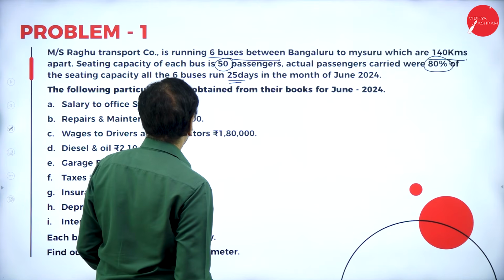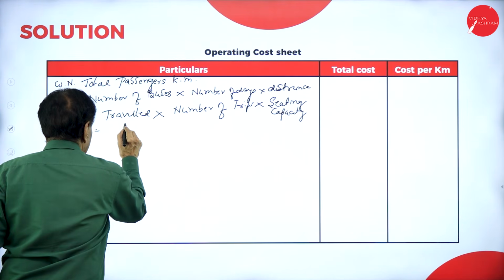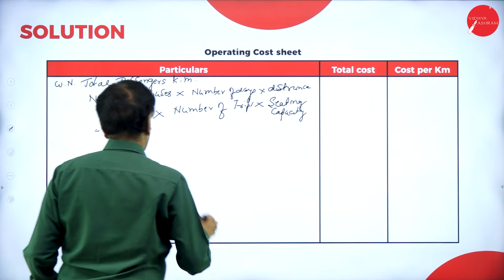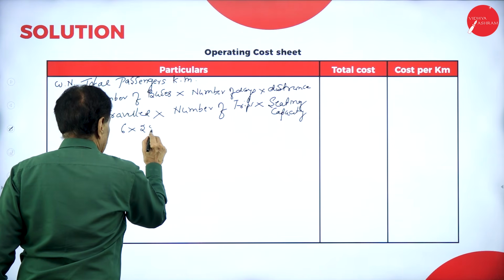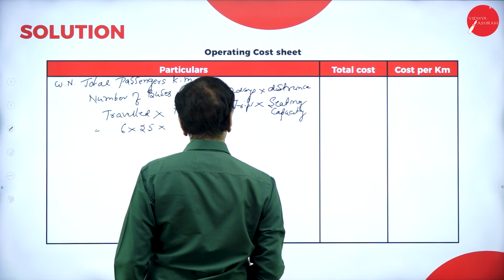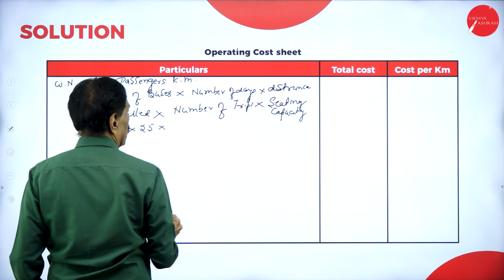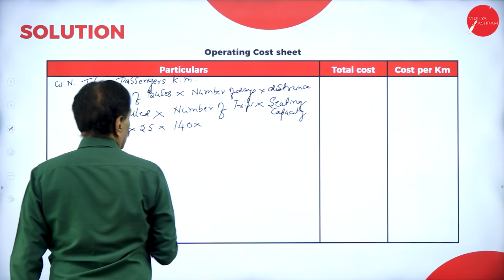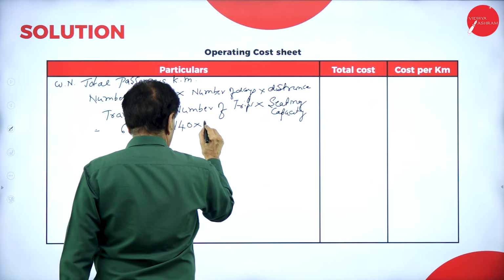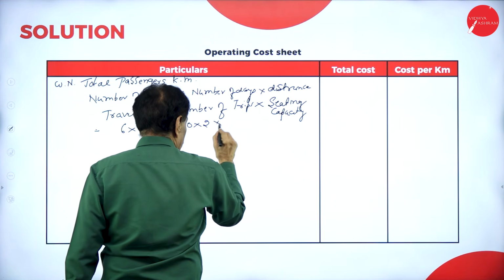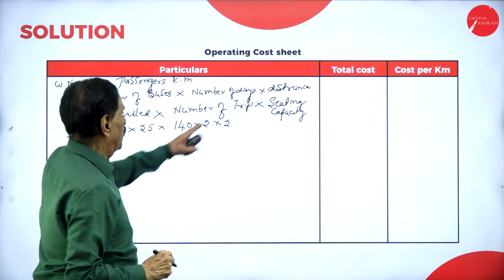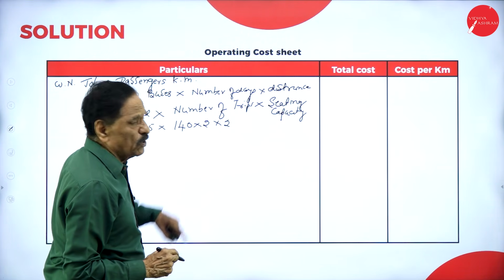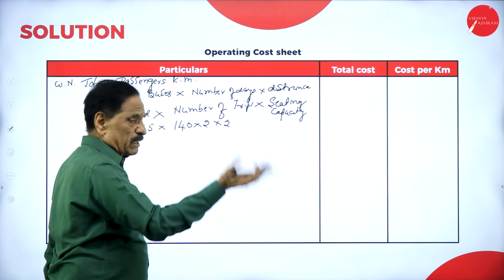How many buses are there? 6 buses. Number of days, 25 days. Distance traveled, 140 kilometers into 2 trips. Distance traveled 140 into number of trips 2 into 2, going and coming.